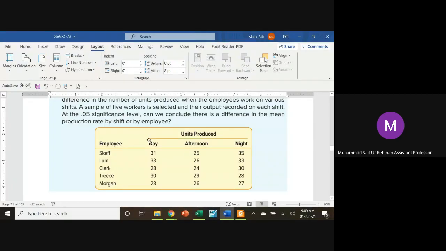Let's say if it is only up to shift, there is no requirement regarding employees. So if the question stops over here, is there a difference in the mean production rate by shift? You will take only the data in the form of shift and discard the employee column. In that case, it will be one-way ANOVA, for which we have solved several examples.